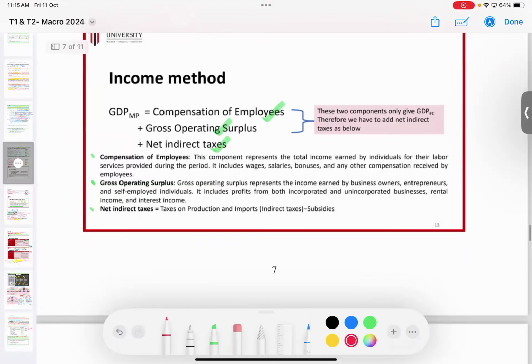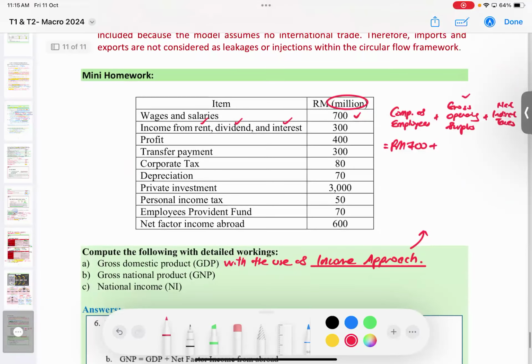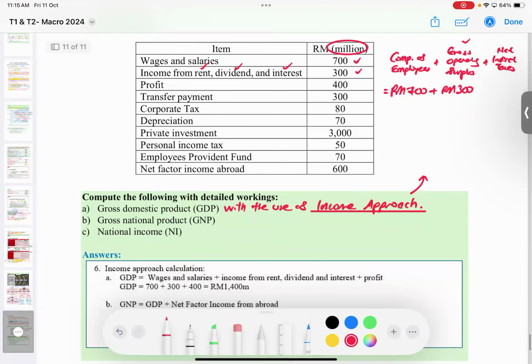Here you can see the explanation here. So 300. Profit also.